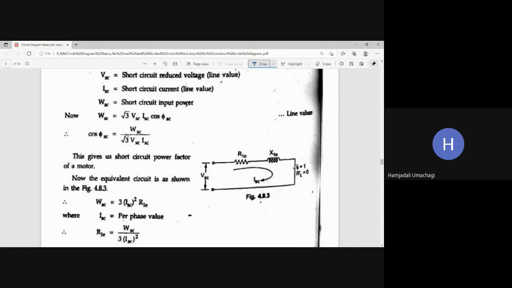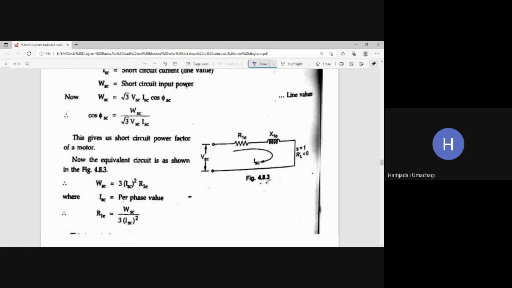Here it is at the resting condition because we are blocking the rotor and not allowing it to move, meaning speed n equal to 0, slip s equal to 1, and it has no mechanical load, so RL dash will be 0. The applied rated short circuit voltage is VSC, and it is allowed to carry the rated short circuit current ISC.